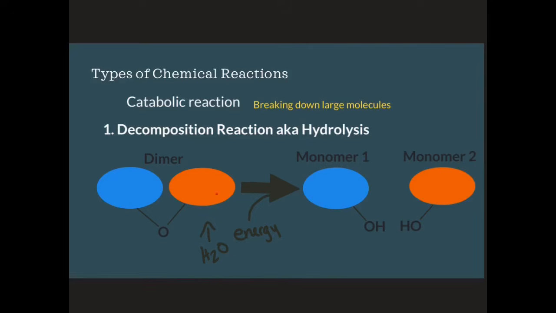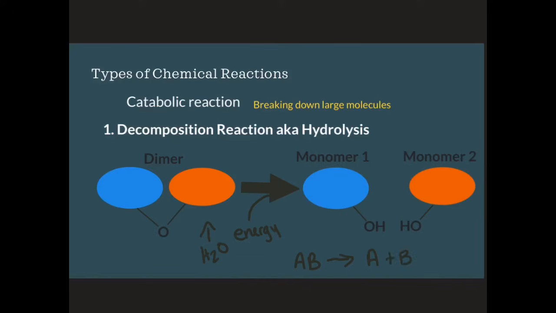So we're going to take that dimer, by the addition of water and energy, and break that dimer into monomers. So now instead of having two together, we're going to have two separate ones. Another way to look at this type of reaction is to look at the fact that we had two together, and then we're going to break that down into two separate ones.